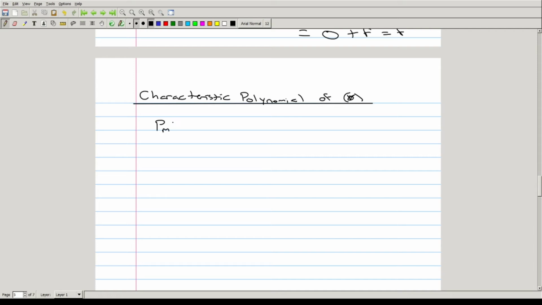This is the nth order polynomial, P_m of lambda, which is a_m times lambda to the m-th power plus a_{m-1} times lambda to the m-1, plus a_1 times lambda plus a_0.